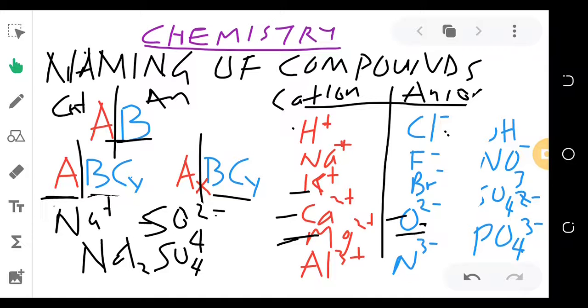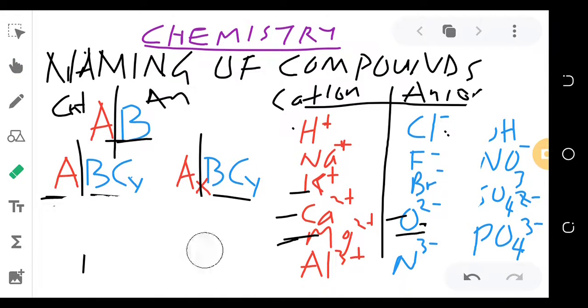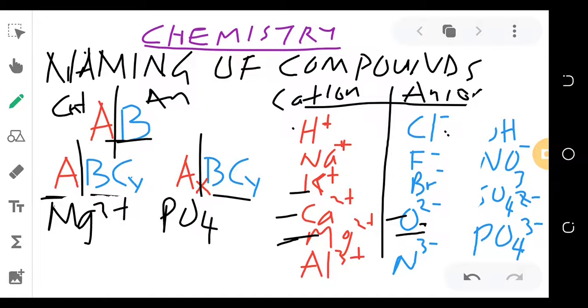So let's take another example. Let's take magnesium 2+ and PO4 3-. Now the 3 on the phosphate ion will be transferred to the magnesium.